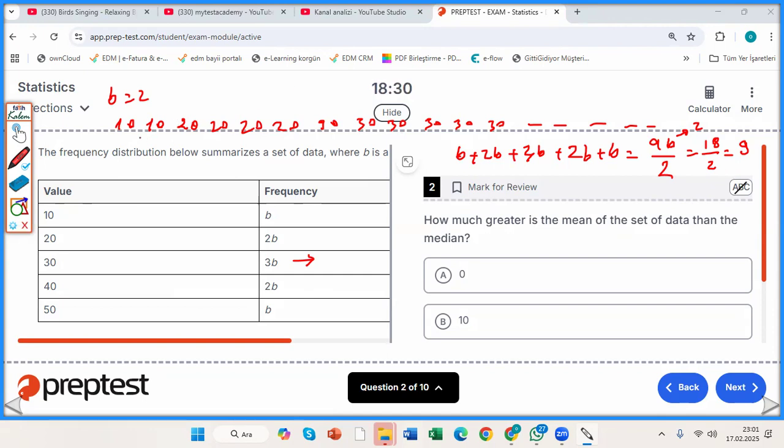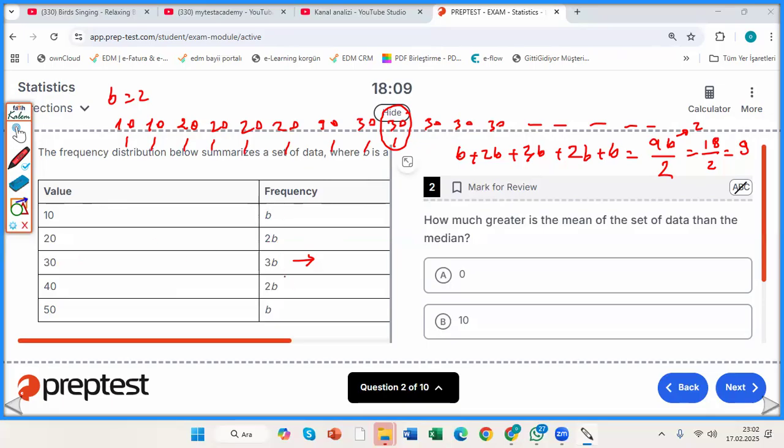So let's look at the ninth value. First one, second one, third, fourth, fifth, sixth, seventh, eighth, ninth. Okay, as you can realize, our median is 30. So you can also find it when you look at the frequency diagram.